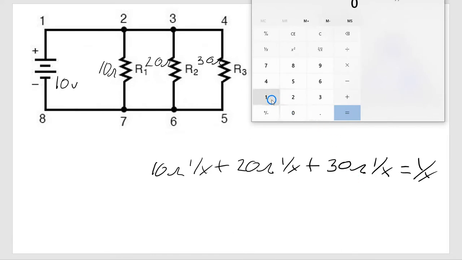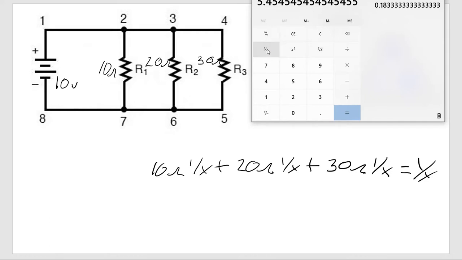So to do that, we're just going to hit this 1 over x button right up here. So we get 10, 1 over x, plus 20, 1 over x, plus 30, 1 over x, equals, and then don't forget, it's so important, we hit that 1 over x button one more time.